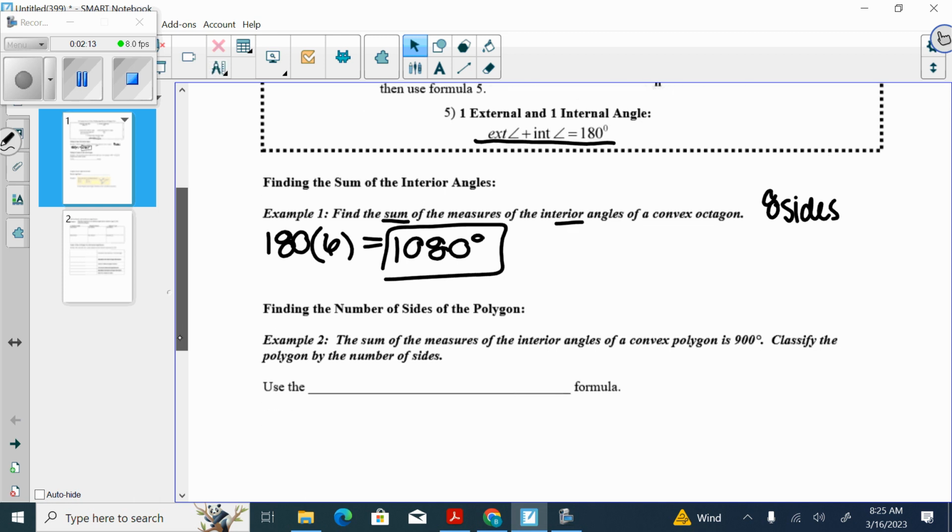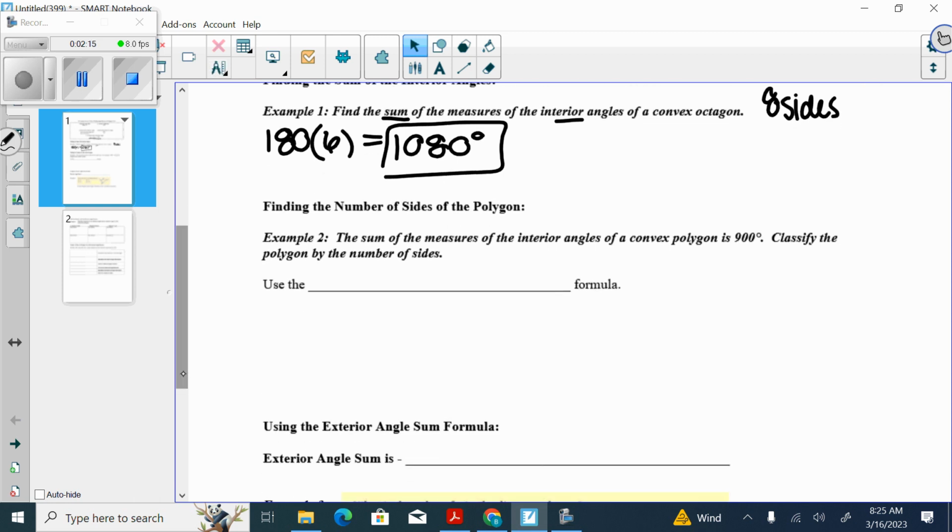Now we also talked a little bit about how you could find specific angles. You can find a specific number of sides if given the angle, right? Those were the two problems we did last in yesterday's activity. So this example says the sum of the measures of the interior angles of a convex polygon is 900. So that's the same formula we just used, but this time we don't know how many sides it has. That's what we're looking for.